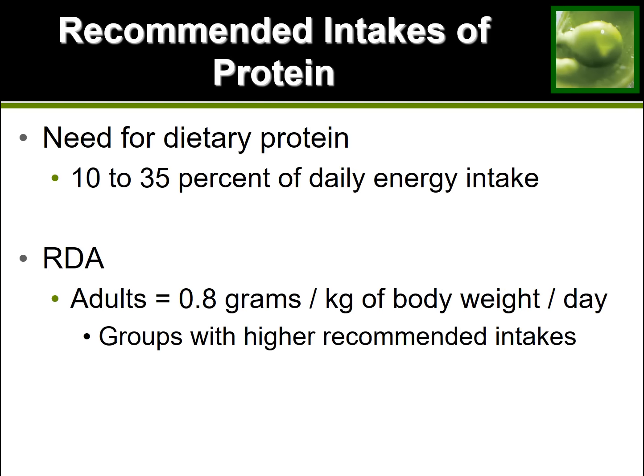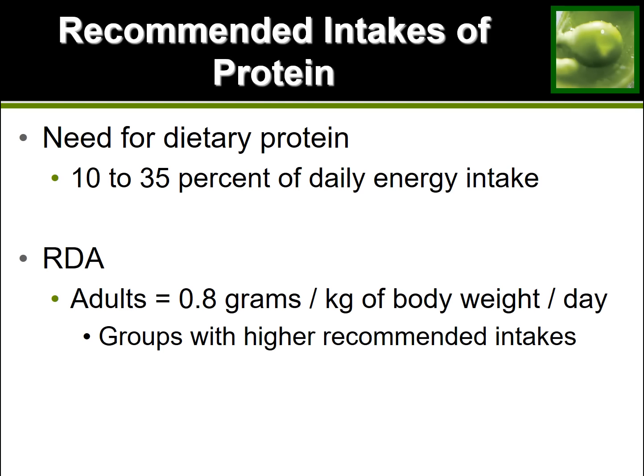Now, as for the actual recommendations that we want to follow when we are deciding how much to eat in the day, we already learned the AMDR is 10 to 35% of your daily calories, but if you want to do it based off of weight, it is 0.8 grams per kilogram of your body weight. This is for the typical healthy adult.